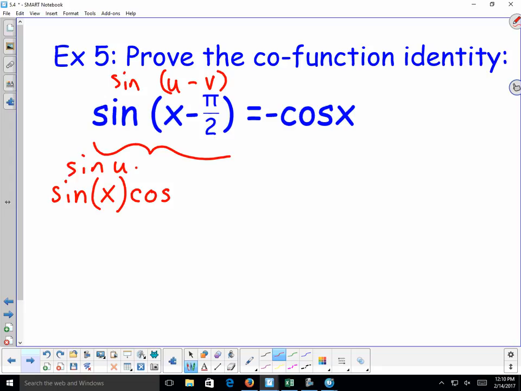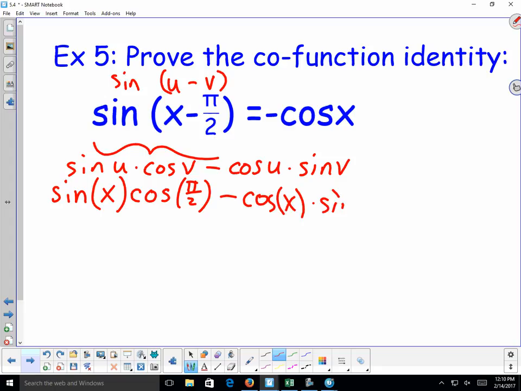So sine U cosine V, no, it's not a plus, minus cosine U sine V. So it'd be sine x cosine pi over 2, and then minus cosine x and sine pi over 2. You know how we always like to write the right side, when we're verifying, let's keep the right side going. We're trying to show that that's equal to negative cosine x, right?